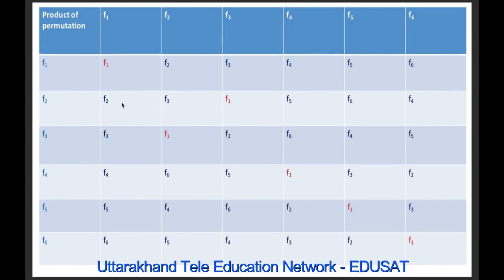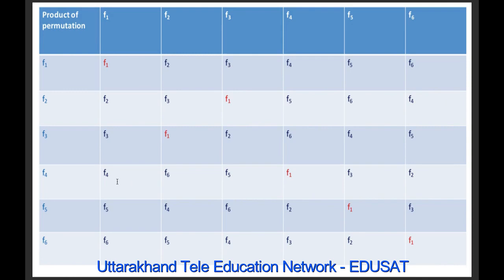Then we apply F2 on the top border row to get the elements of the second row, and we get F2, F3, F1, F5, F6 and F4. Then we apply F3 on the top border row, and we get F3, F1, F2, F6, F4 and F5.